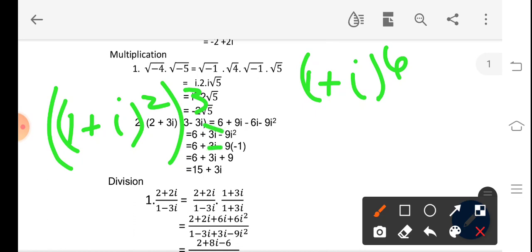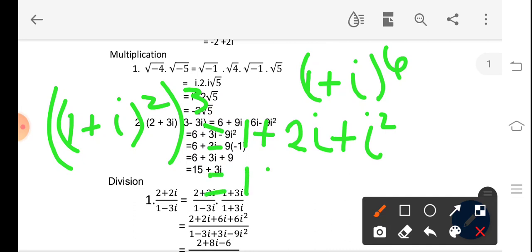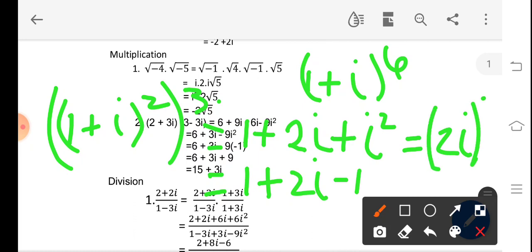So just expand 1 plus i squared, or the square of the quantity 1 plus i. So that is 1 plus 2i plus i squared. So i squared again is negative 1, by definition. So 1 plus 2i minus 1. So this is equivalent to 2i. But we have the cube here, so cube it.